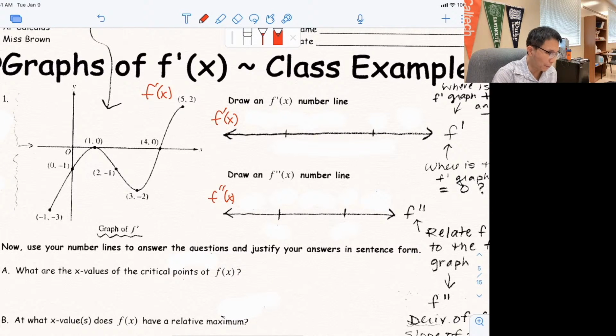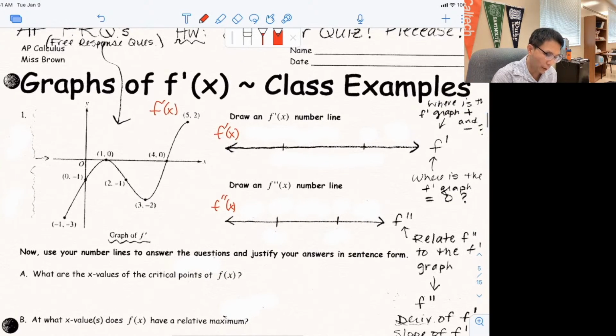Well, we've got f prime of x. For f prime of x, you're just looking at whether it's above or underneath the x-axis. Are they positive or are they negative? At 1 and 4, the slope is equal to 0. Does that make sense? f prime of x equals 0.